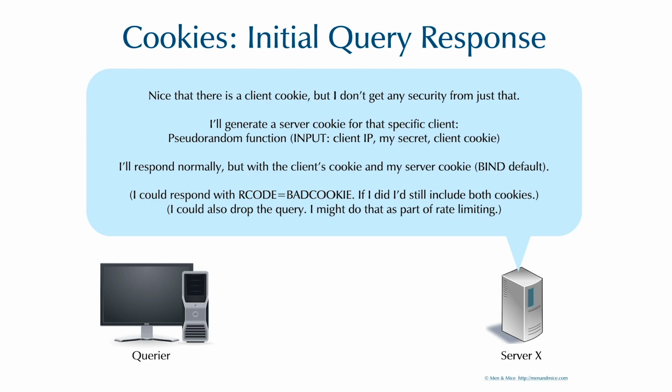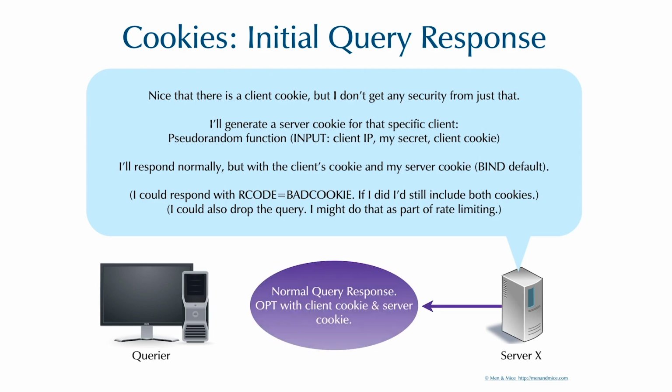He could have also dropped it if he thought there was a rate limiting problem, but that's unrelated to what we're talking about here. So there is the BIND standard, normal query response with an OPT record in the additional section containing the original client cookie and the newly generated server cookie.